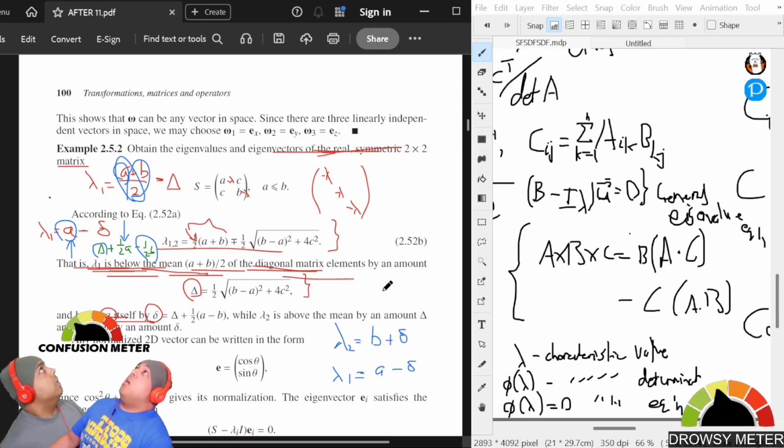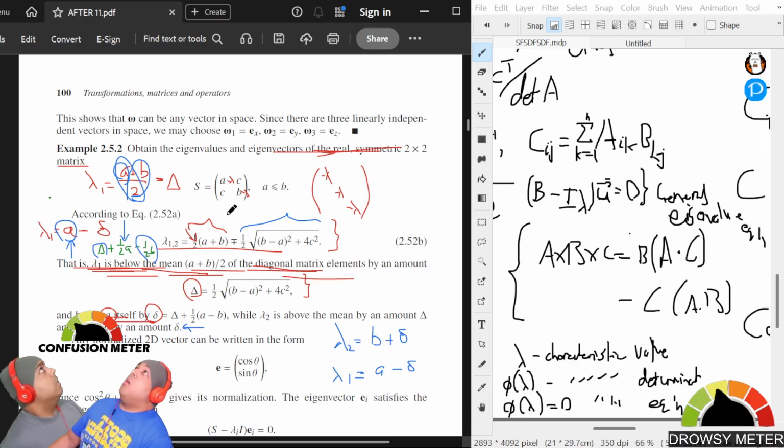Well, why are we doing this? Delta is this guy. Wait, both of them are deltas, I just realized. Is it okay to call it Chronica delta? I don't think so.